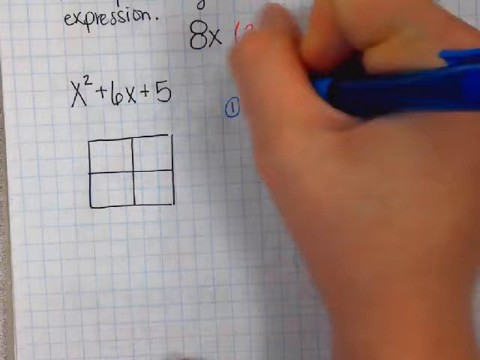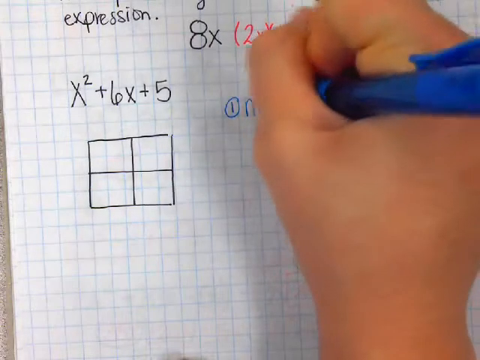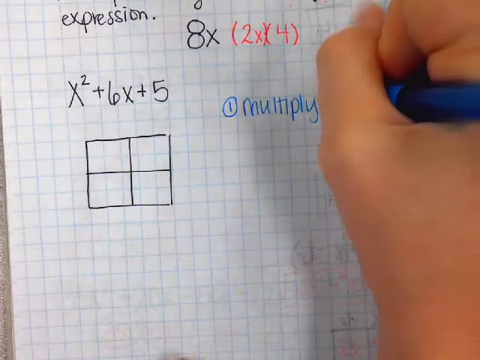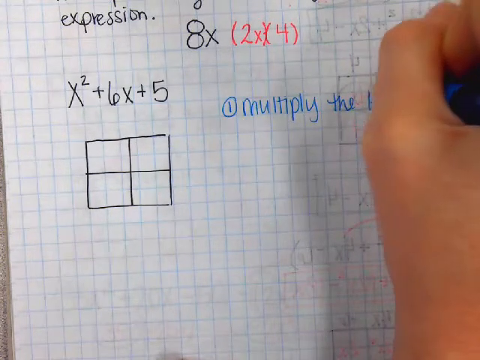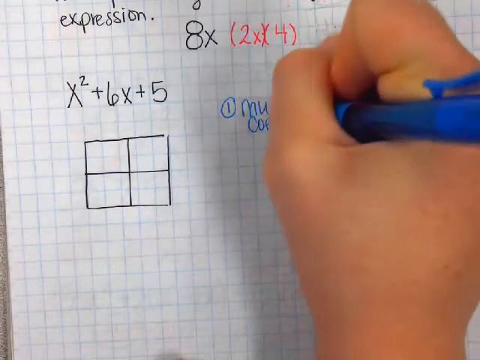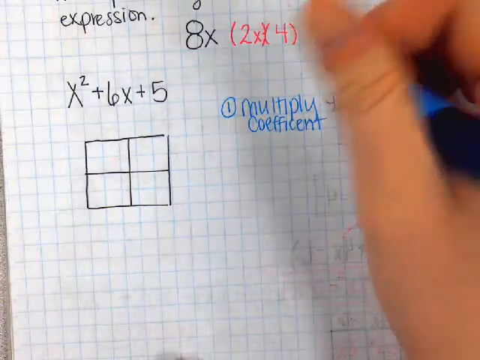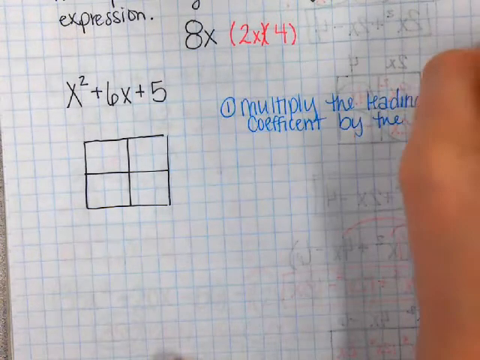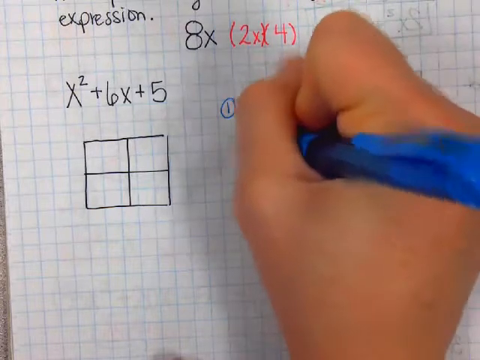The first thing you always want to do is multiply the leading coefficient by the last term.